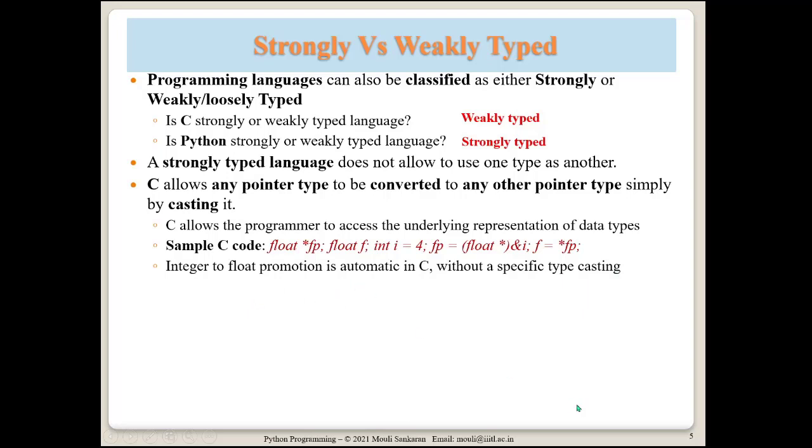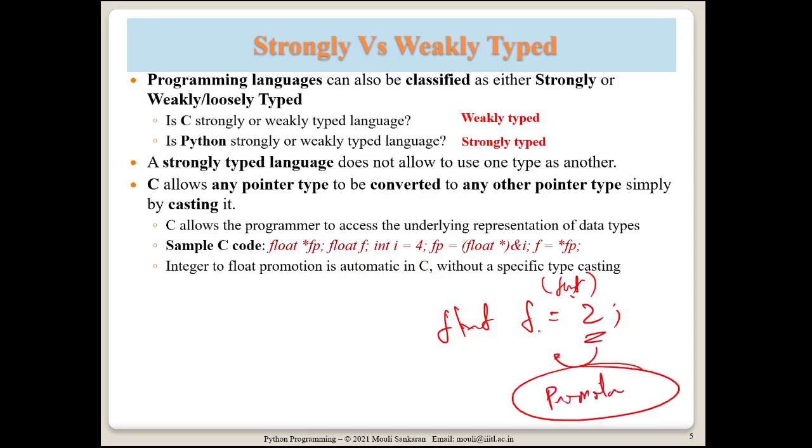Another major thing here: C does it blindly. It doesn't even ask you to verify or ask whether it is okay or not. Now float f is equal to 2. I think it allows that; you don't need a typecast here. From integer to float, this is called integer promotion, or promotion to the higher representation, because certainly you can represent 2 very well in floating point, and much more in the range of 2.